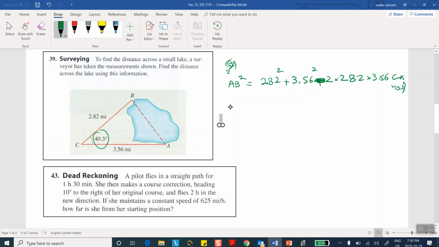So AB is equal to the square root of 2.82 squared plus 3.56 squared minus 2 times 2.82 times 3.56 times cosine of 40.3 degrees. Now you need a calculator.